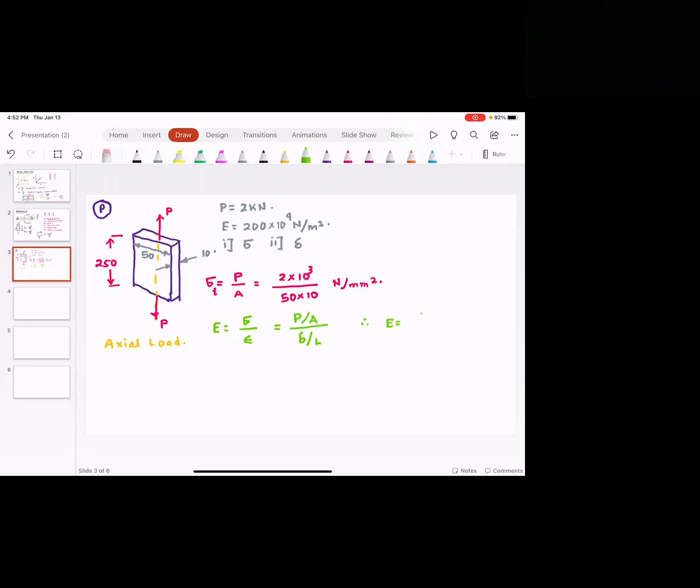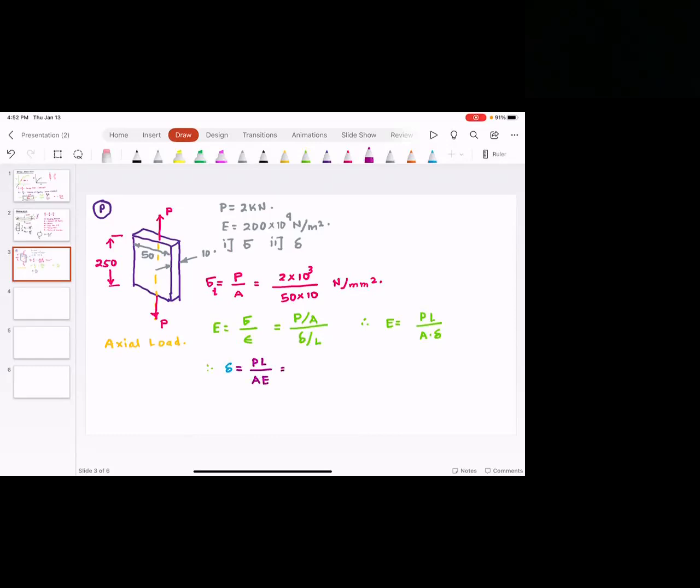So this equation gets written as E is equal to PL divided by A delta. If I want to find delta, it is going to be PL divided by AE.